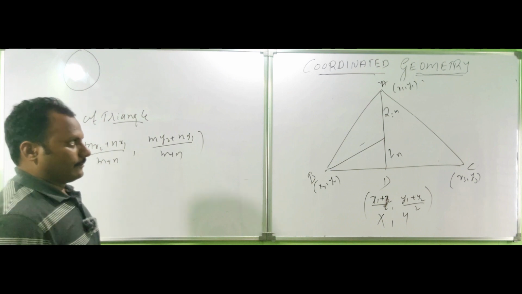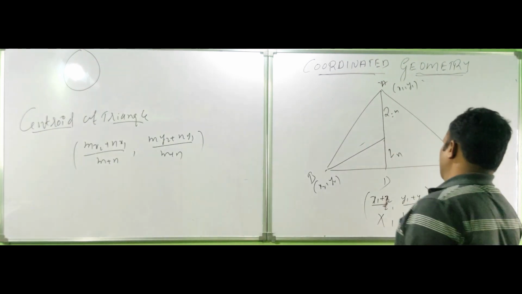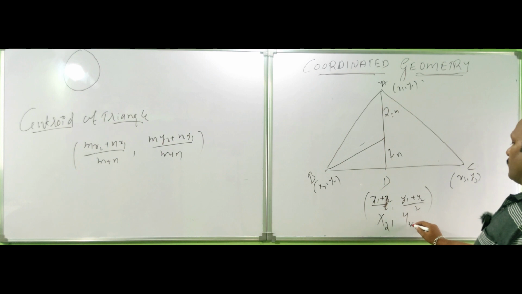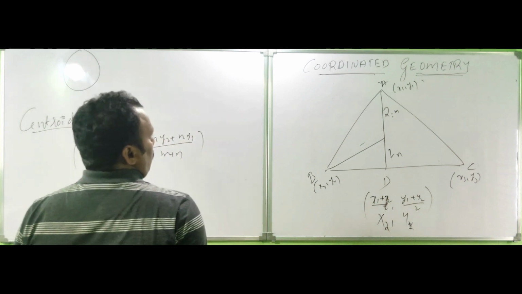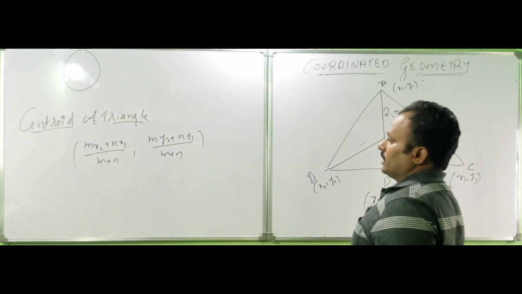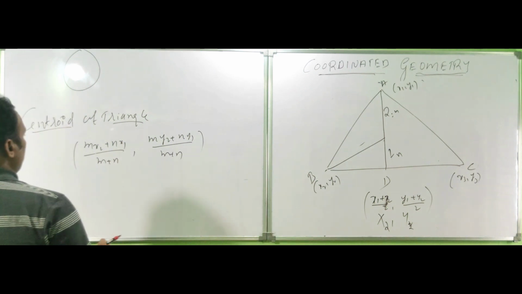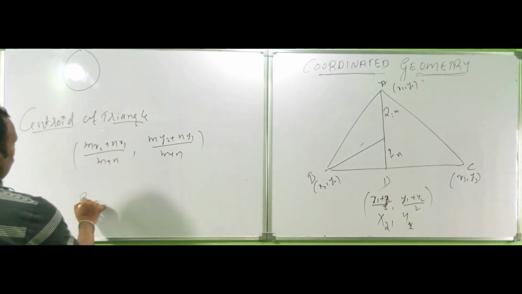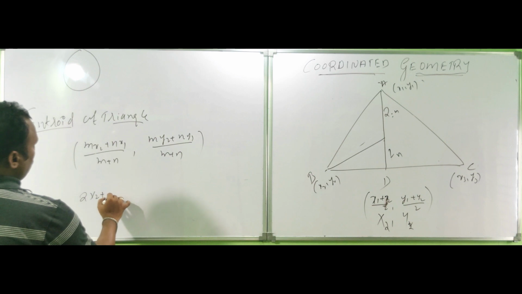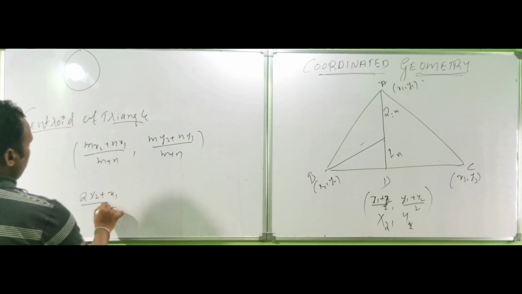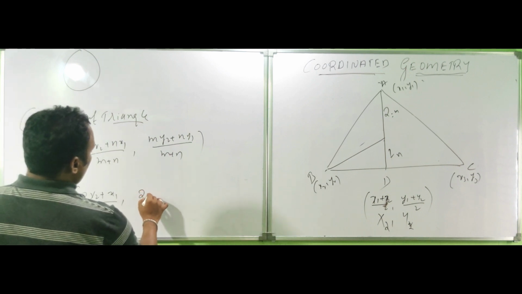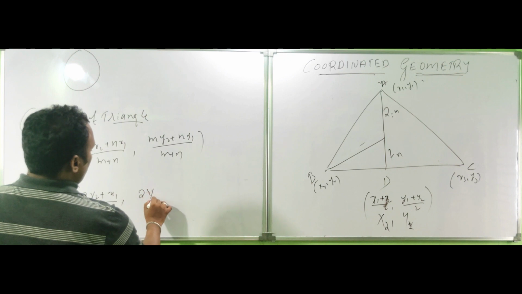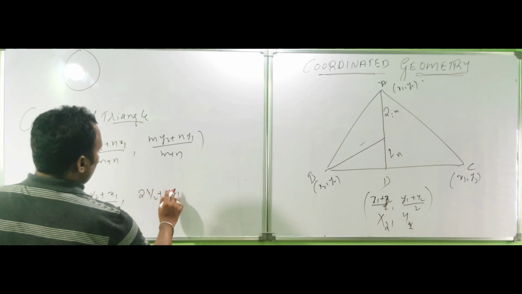This is x1, this is x2, and this is 2:1, so m is equal to 2 and n is equal to 1. Similarly, I am writing 2 x2 plus x1 divided by 2 plus 1, and 2 y2 plus y1 divided by 2 plus 1.